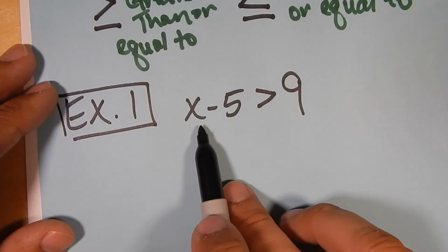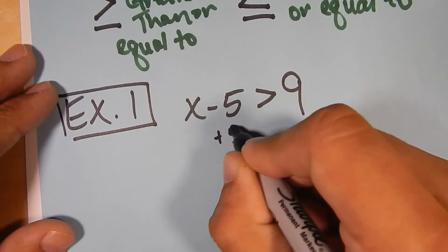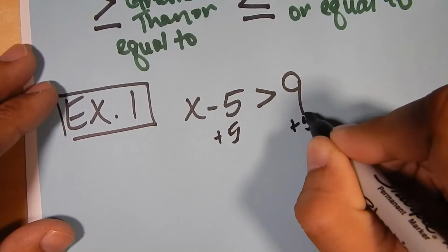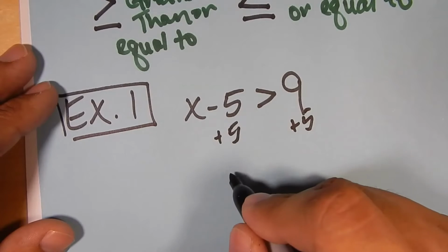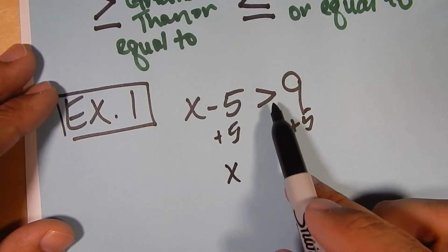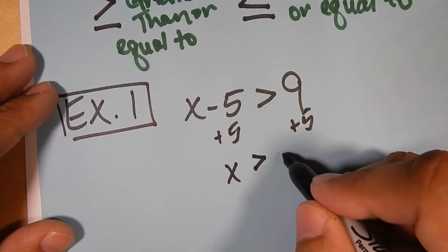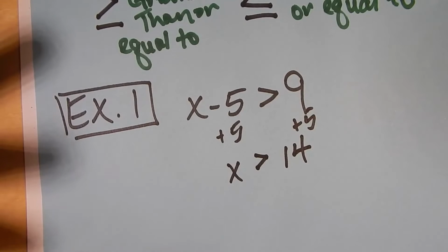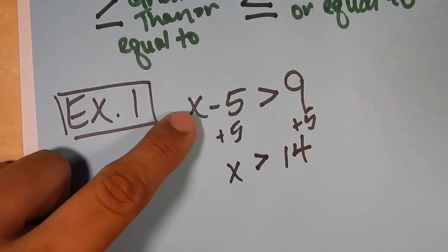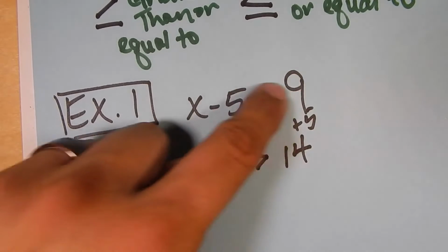If this said x minus 5 equals 9, we would add 5 and add 5. On the left-hand side, we've got x, and on the right, 9 plus 5 is 14. So the solution is x is greater than 14. As long as we have a number in here that's bigger than 14, this statement will be true.